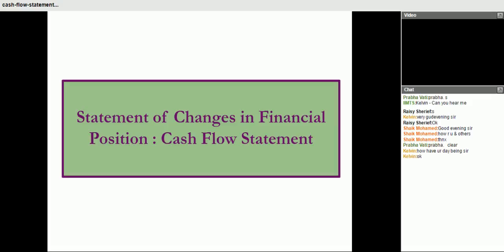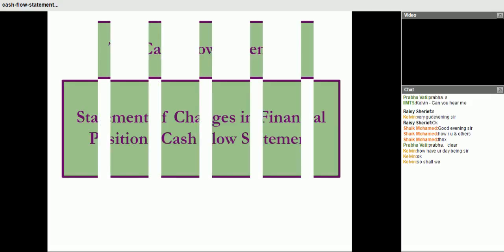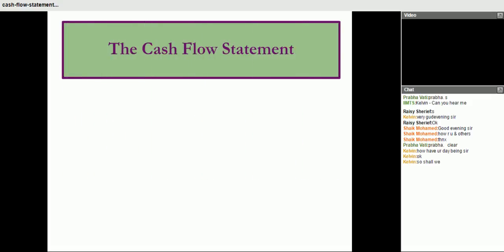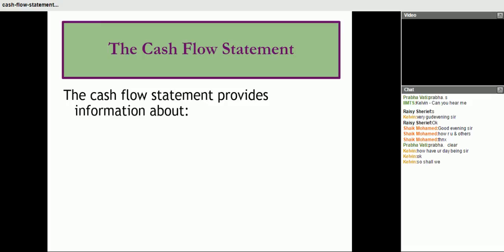Okay, let's start. So, cash flow statement, also known as the statement of changes in financial position, or cash flow. The cash flow statement provides us the information about cash receipts or the cash inflows.